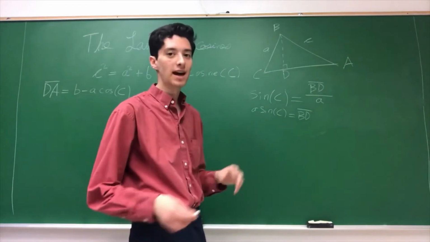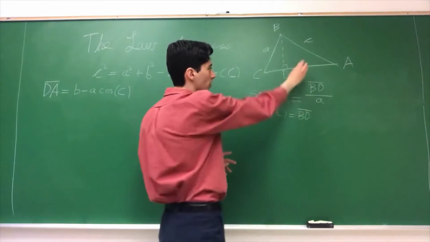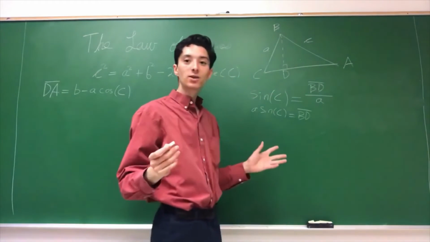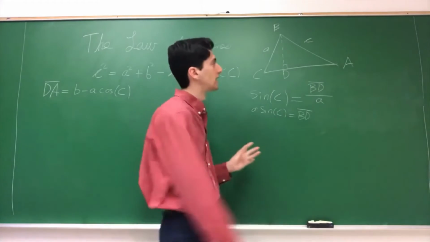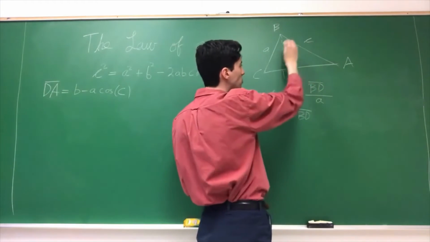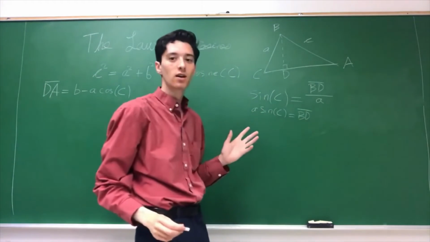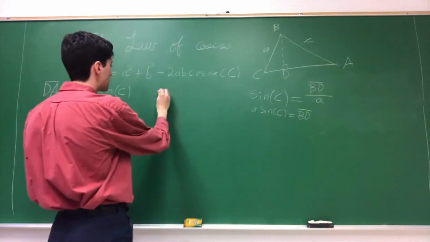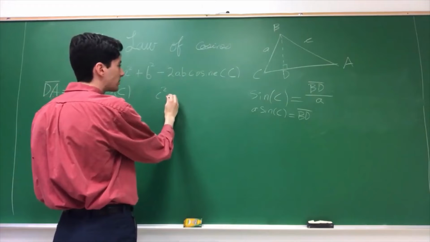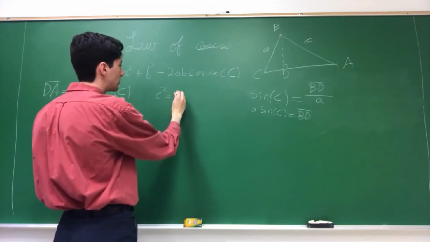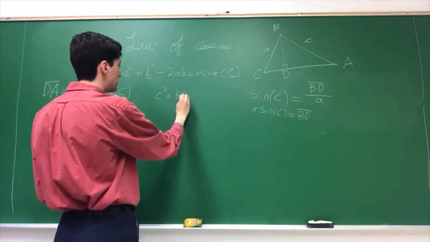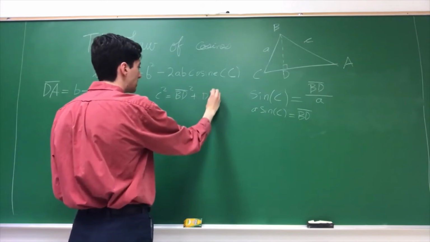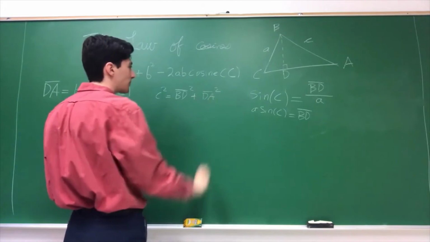Now, we can look at this triangle on the right. So we have BDA. And we can use the Pythagorean theorem to relate our hypotenuse c to the legs of the triangle. So what does that look like? We say that c squared is equal to BD squared plus DA squared.